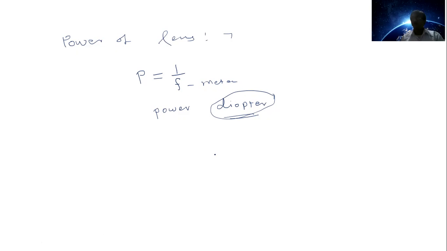Now see here, for a converging lens, your convex lens, the focal length is positive. The focal length is positive for a convex lens, and therefore the power for the convex lens is positive.